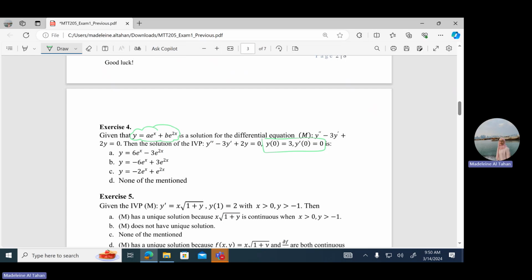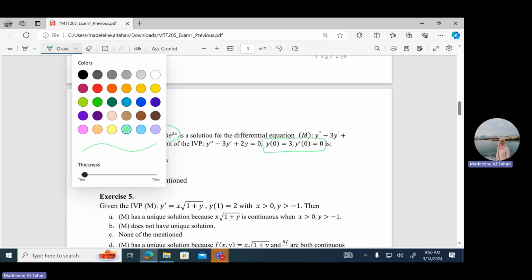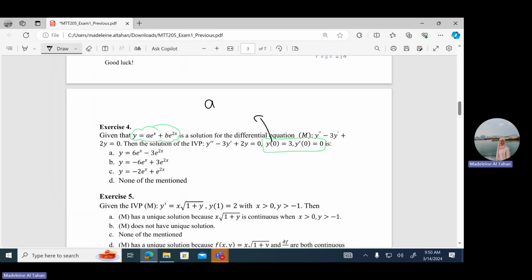Okay. y of 0 is equal to 3. What will we get? It means that A e to the power 0 plus B e to the power 0 equals 3. We got the first equation as A plus B equal to 3. Right, miss? But we have y prime.